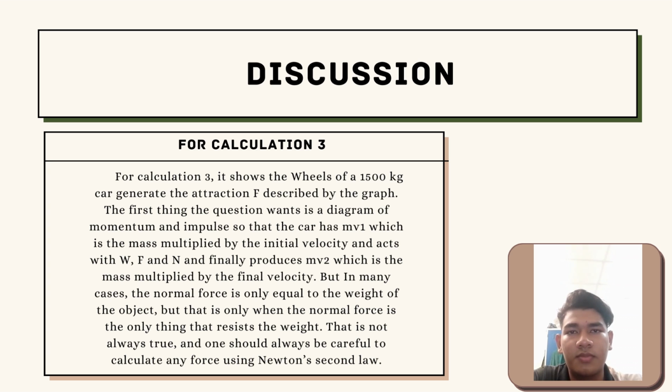But in many cases, the normal force is only equal to the weight of the object when the normal force is the only thing that resists the weight. That is not always true, and one should always be careful to calculate any force using Newton's second law.